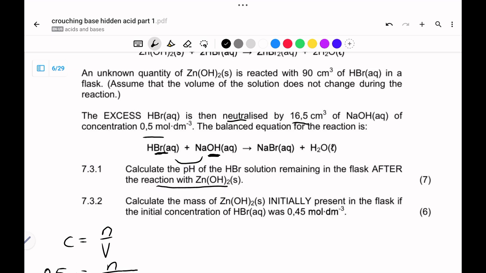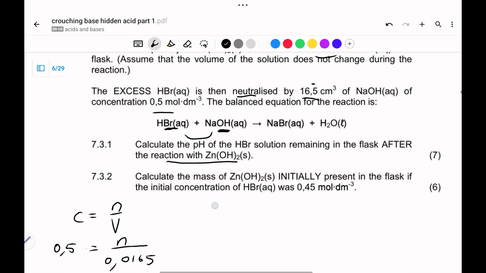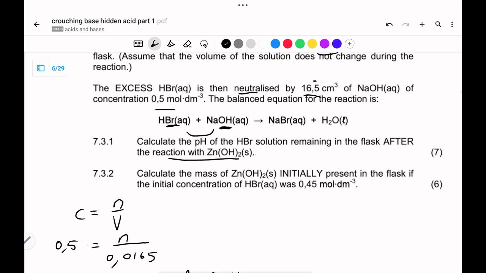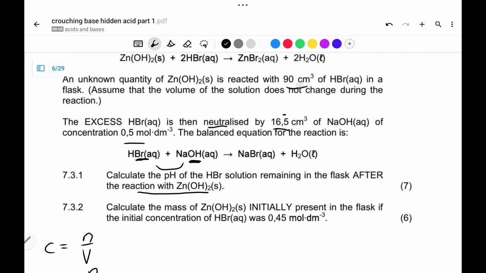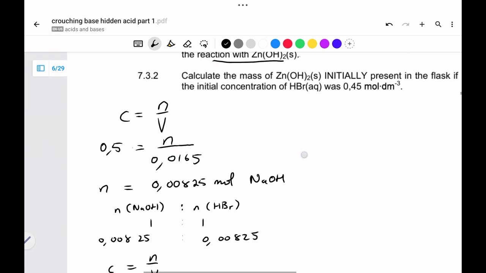So after this reaction with the zinc hydroxide, we still had a volume of 90 cubic centimeters. Don't use the 16.5. That was the volume of the sodium hydroxide solution that we needed to neutralize our HBr solution. But we're interested in the pH of the HBr solution, whose volume was 90 cubic centimeters.